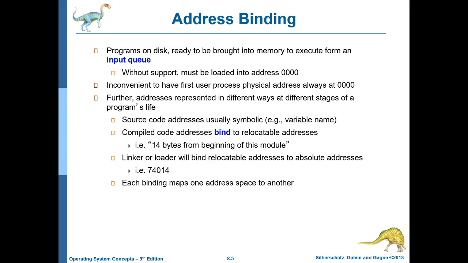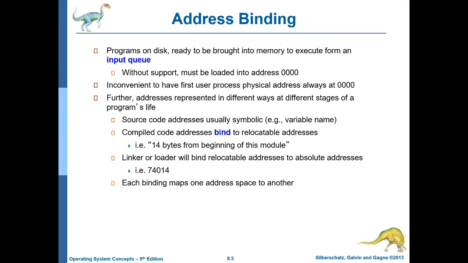Then the linker or the loader will bind the relocatable address to absolute addresses. For example, the actual program can be loaded into memory location 74000. So the relocatable code at 14 bytes will be at the address of 74014. It is 14 bytes from the starting address, which is 74000.